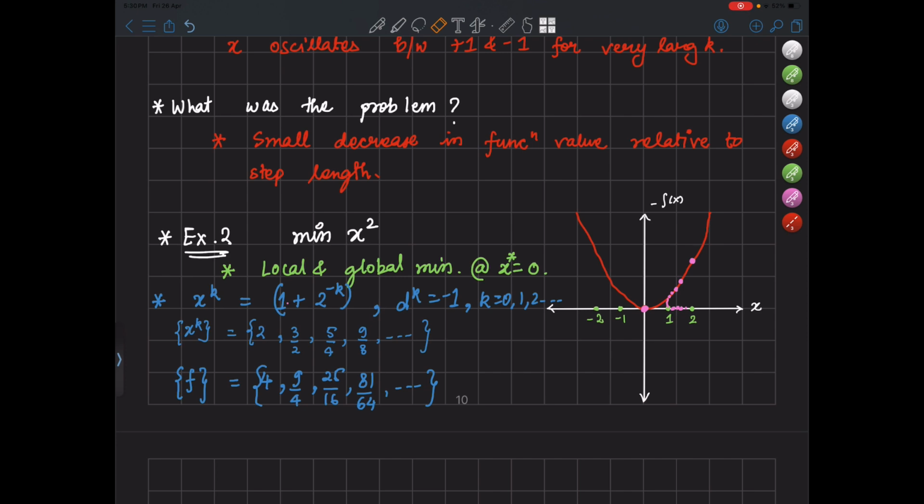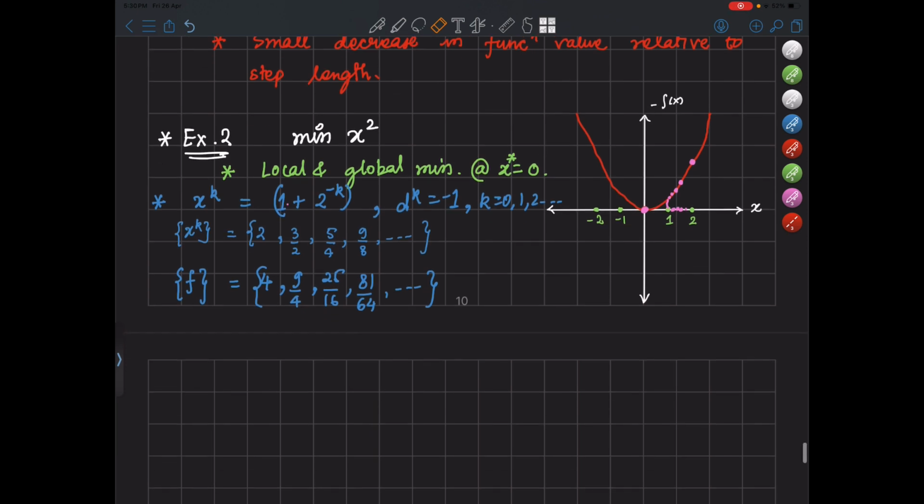Now what was the problem here? We can again see that f of xk plus 1 was reducing. f of xk was reducing for all iterations.